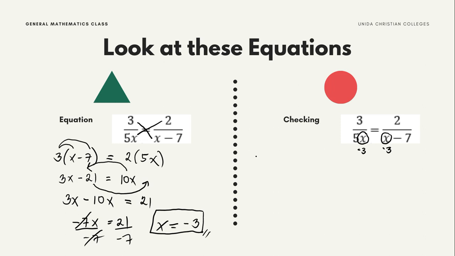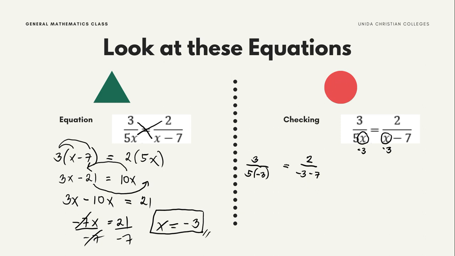So, try natin. We have 3 over 5. Since ang katabi ng 5 ay x, substitute the value of x, which is negative 3. Is equal to, we have 2 as our numerator, and then we have x minus 7. So, the value of our x is negative 3 minus 7. Okay? And then, solve.